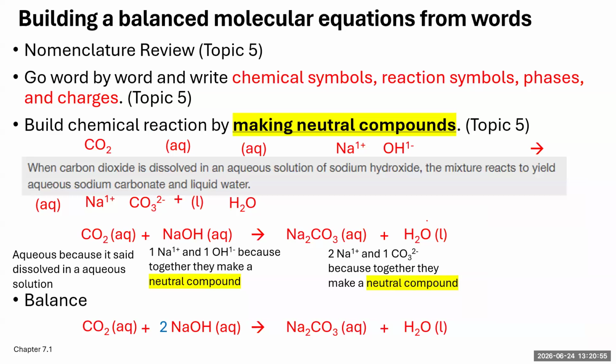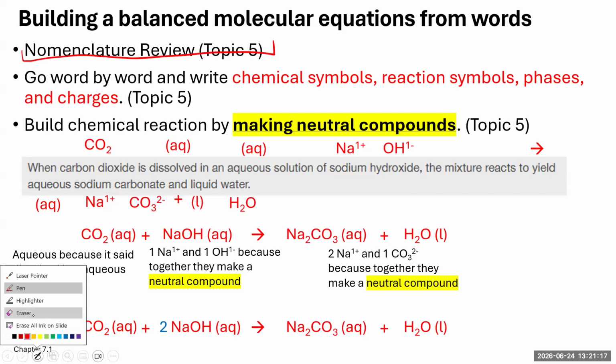All right. We're going to have to build molecular equations to experience and see these chemical reactions, or I guess look at the chemical reactions on paper. So this is going to be a lot of review stuff, a lot from chapter 5. So nomenclature review, go back and take a look at topic 5.